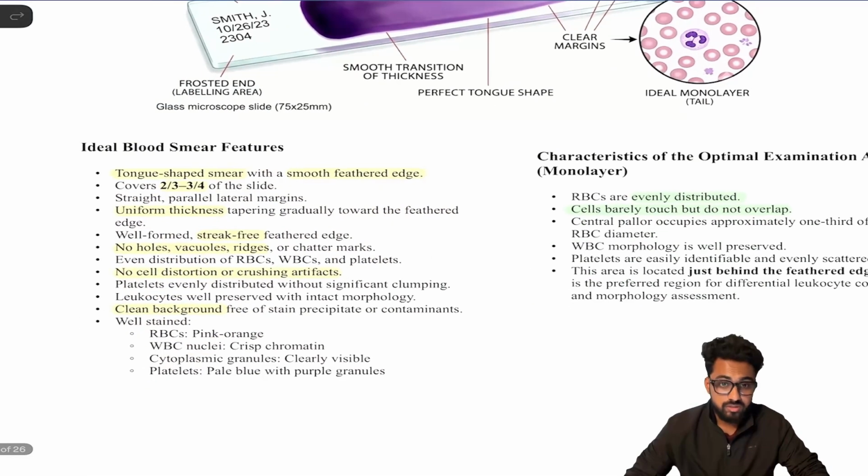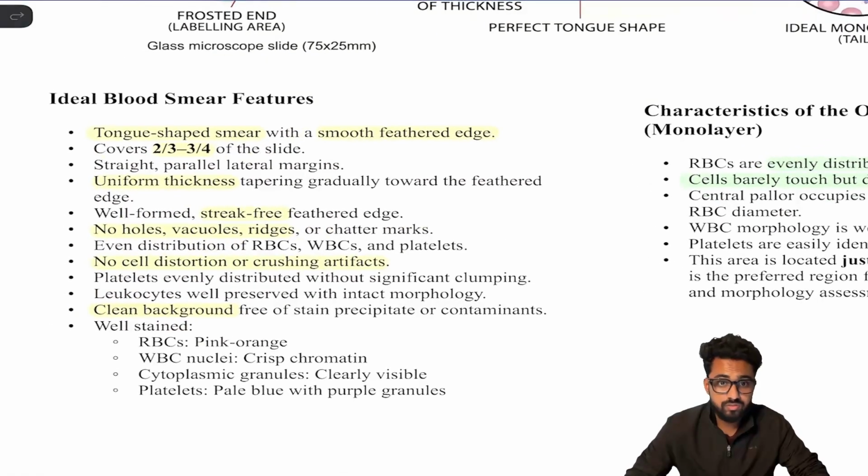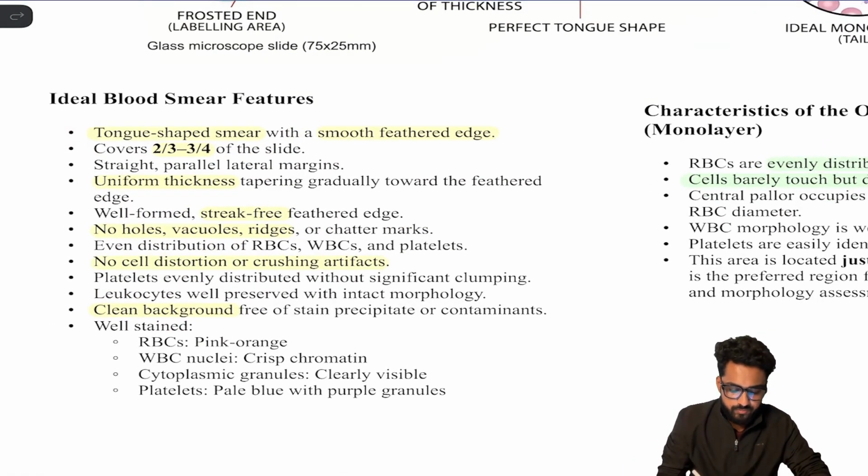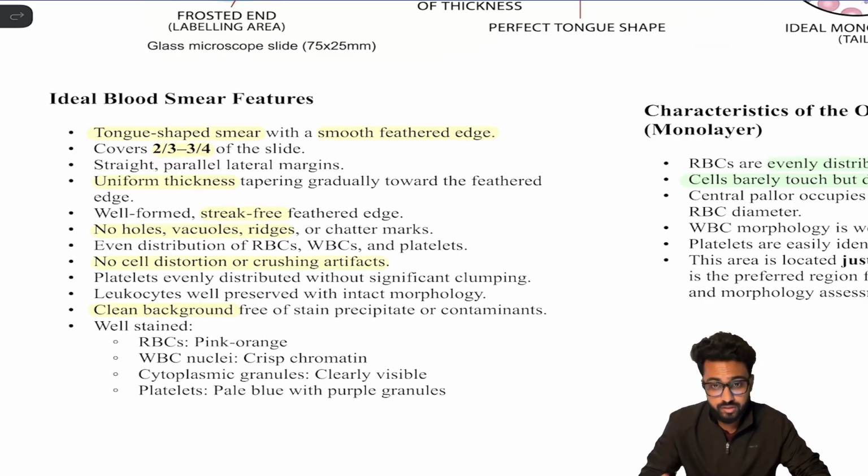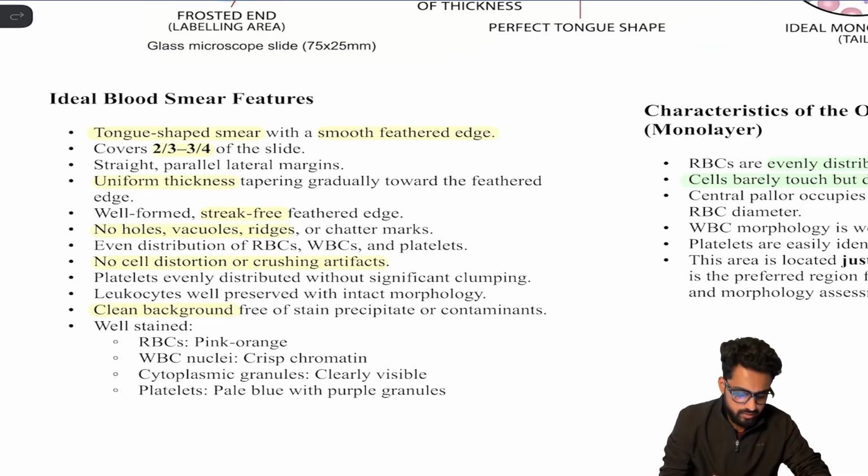So here you can see these are the features of an ideal blood smear. It should be tongue shaped, with a smooth feathered edge, covering 2/3 to 3/4 of the area of the slide. In the image you can see straight parallel lateral margins, uniform thickness, gradually tapering towards the tail, and a well formed, streak free feathered edge.